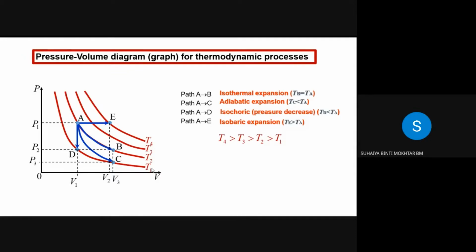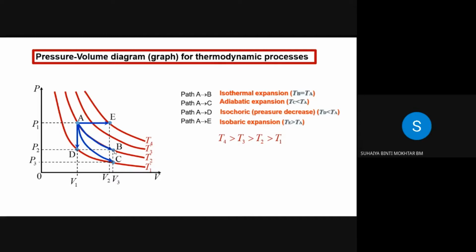So the higher up, the higher the temperature. Path AB here is at temperature T2. Same temperature from point A to point B, so TA equals TB equals T2.